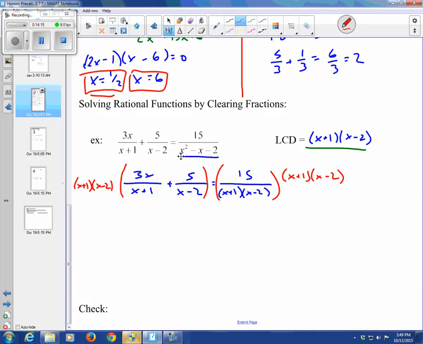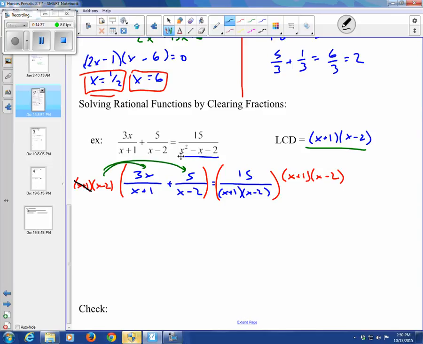Right here on the left side, when I distribute through that least common denominator, it's going to cancel differently with both my terms. When I multiply into the first term, I'm dividing by x plus 1, so that's going to cancel the x plus 1, and I'm just going to get 3x times my x minus 2.